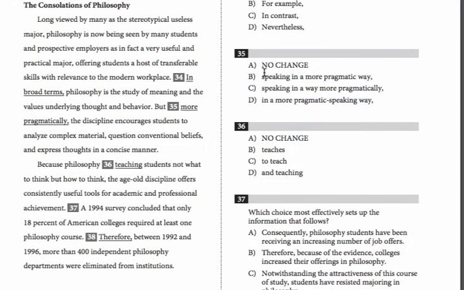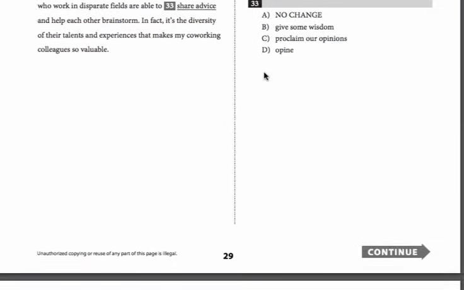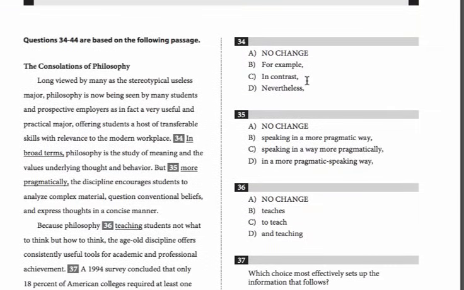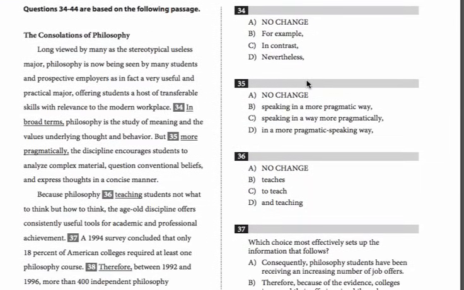By the way, one other quick test-taking tip. You may have noticed, if you were keeping track on a piece of paper, that 32 was A, 33 was A, 34 was A, 35 was A. And if you're thinking to yourself, oh man, that's a lot of A's, maybe I should reconsider, never ever do that. Just remember that sometimes there are strings of 6 in a row.